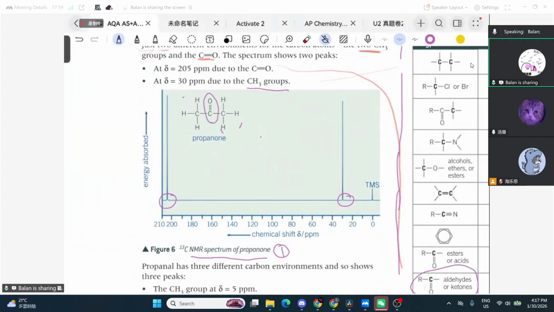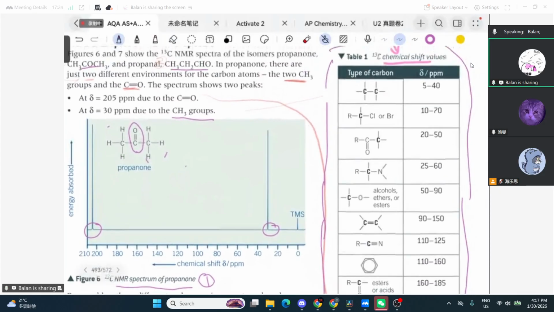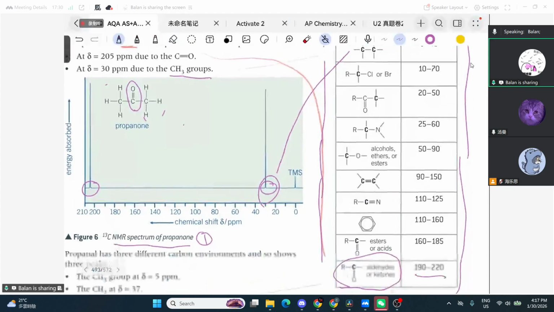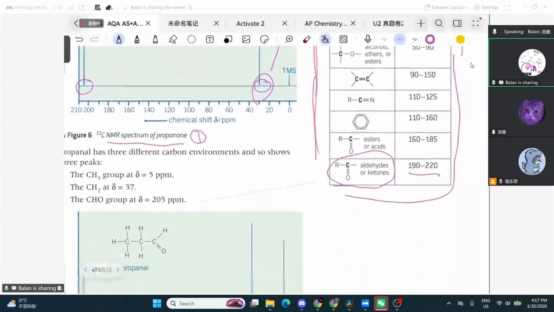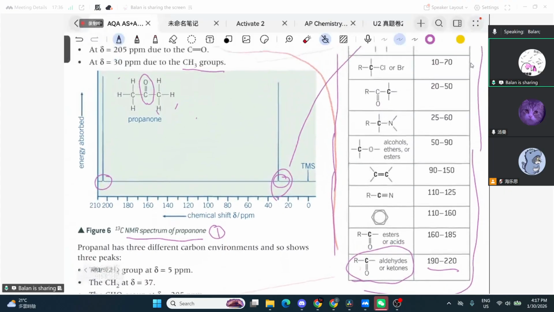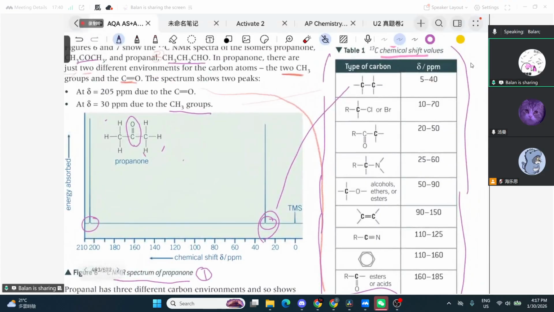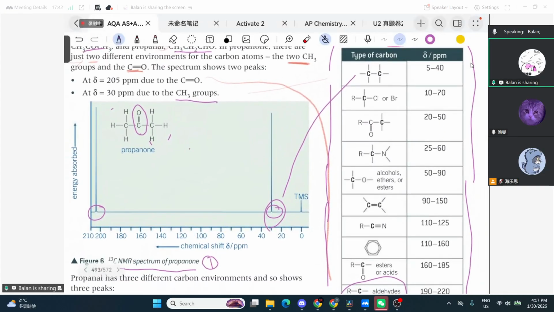And CH3 groups give a chemical shift of about 30, right? You can just search the table. So you just need to learn how to use this table and find the different types of carbon and their different chemical shifts.